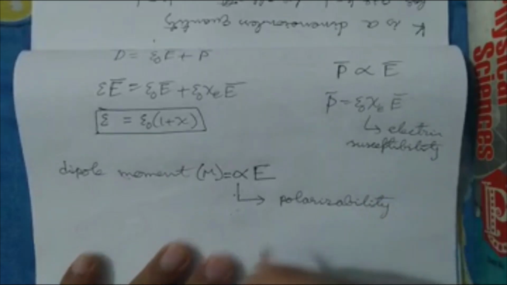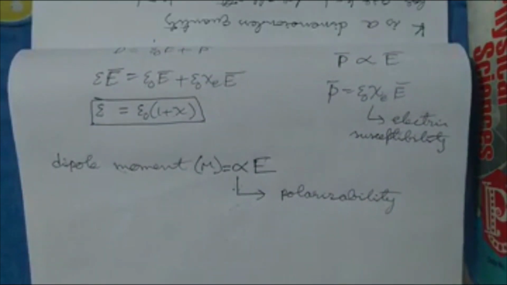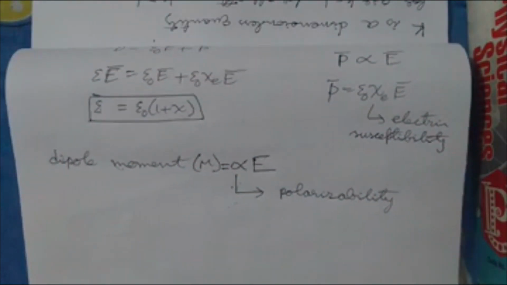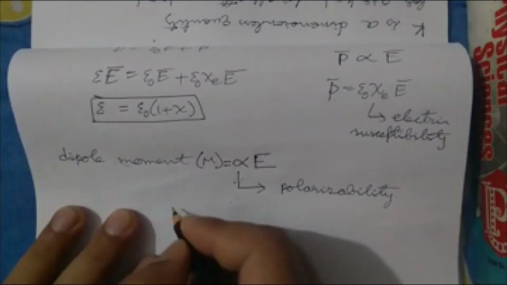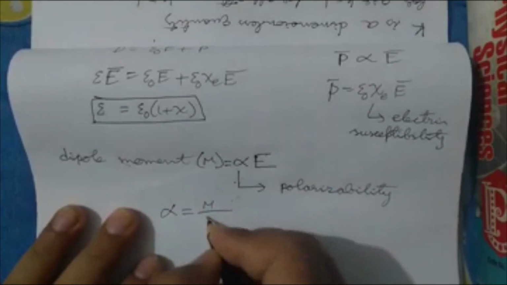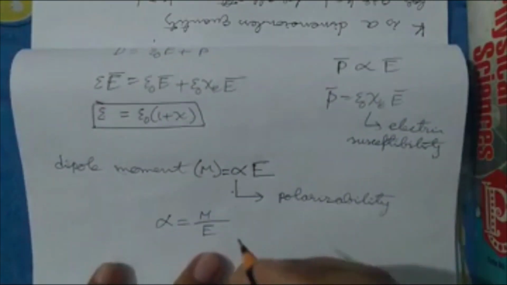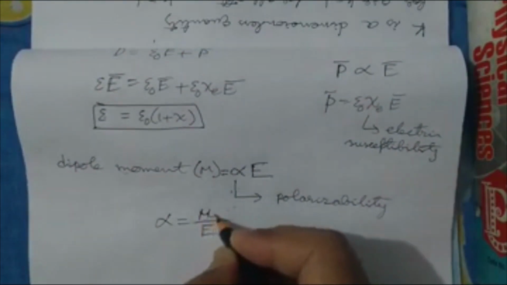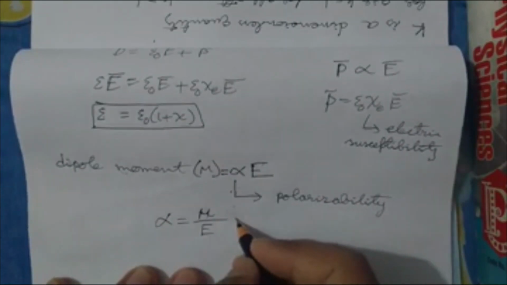From here alpha is equal to mu by E, so you can calculate its unit from here only.